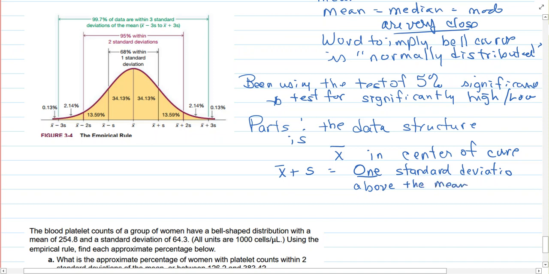And remember that standard deviation is constant. And then we'll have X bar plus 2S, which is 2 standard deviations.